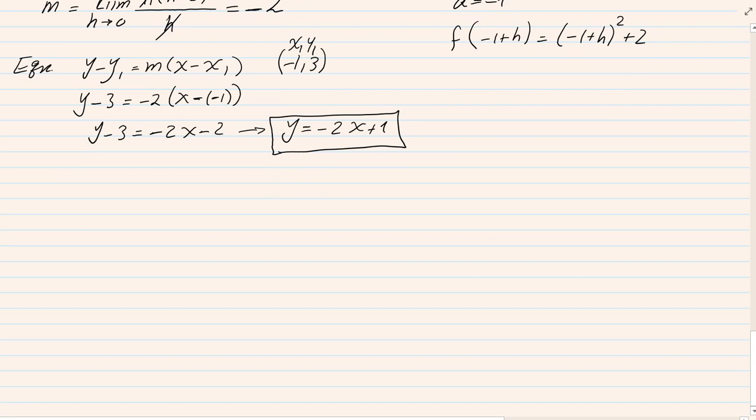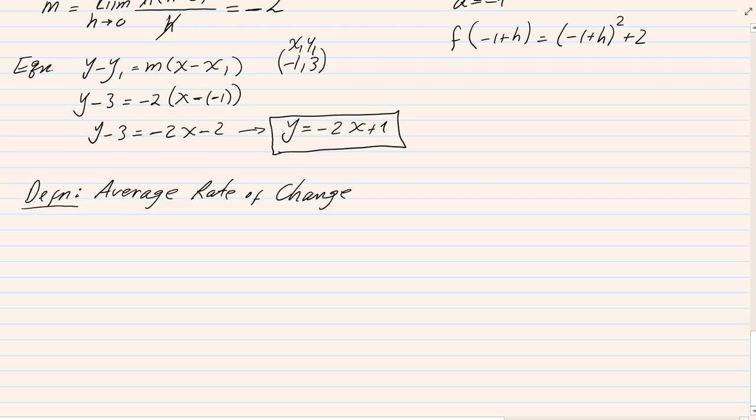Okay, now we're going to take a look at, let's think of this as some kind of a physical application that we're going to look at later on. We're going to look at 2 definitions to wrap this up. Our first definition, we're going to call this the average rate of change.